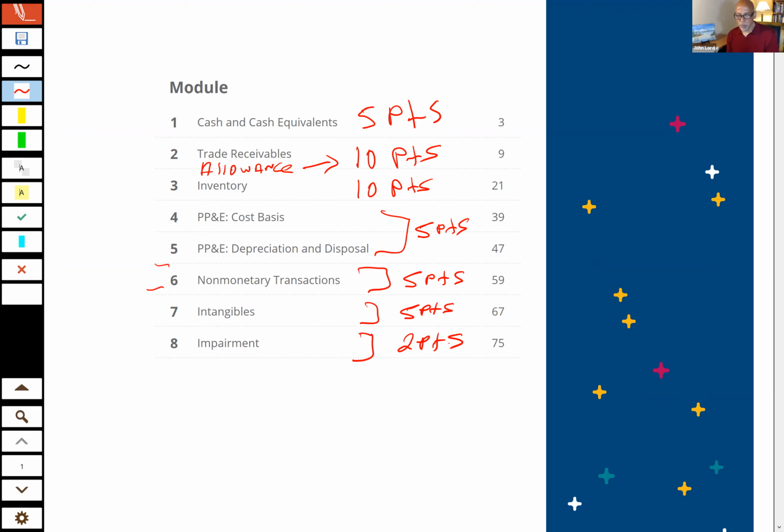The chapter 3 material, guys, I can tell you is pretty straightforward, probably more straightforward than some of the things we've dealt with up until now. I'd much rather be dealing with the stuff from this chapter than trying to figure out some of those things we were looking at on the cash basis just a few minutes ago.